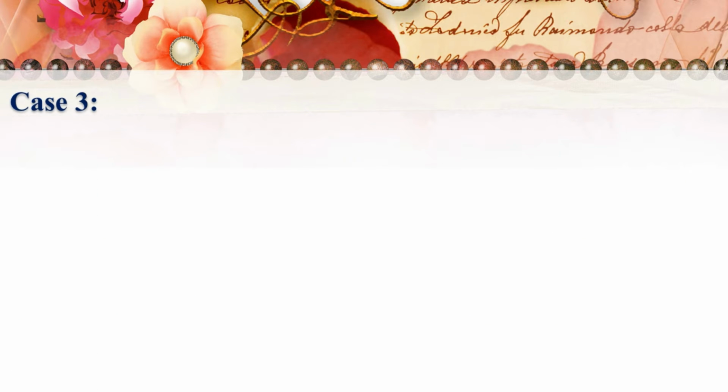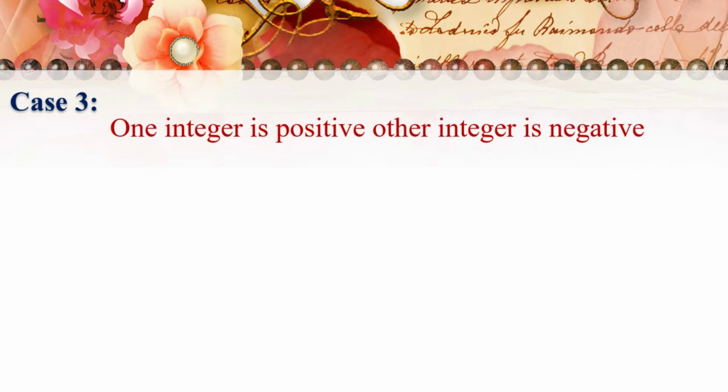Let's see case 3: one integer is positive, the other integer is negative. When we divide a positive integer by a negative integer, we get a negative integer only. And when we divide a negative integer by a positive integer, we get a negative integer only. Now we can check it.